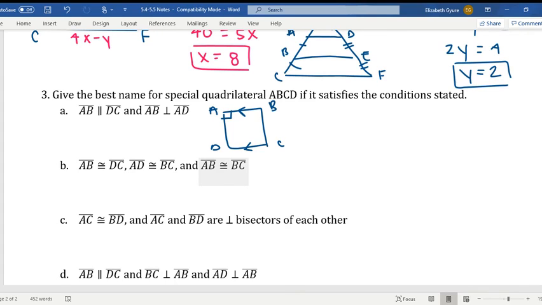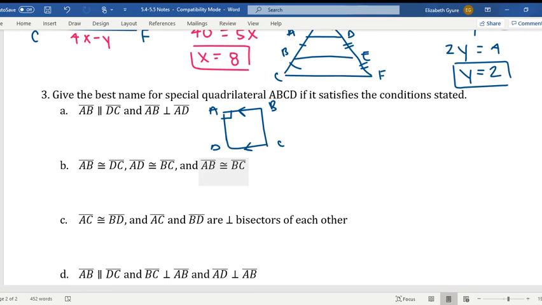Logan, why a rectangle? You're falling into the trap, Logan. It's not a square. It's not a rhombus.